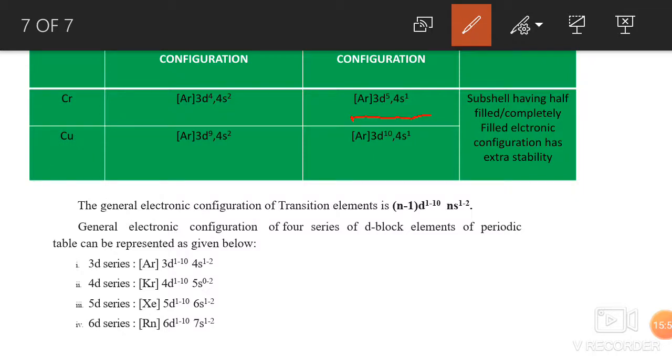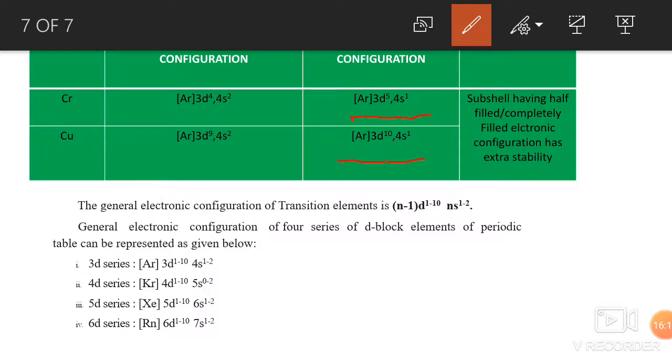Similar to that, in copper, its expected electronic configuration is argon 3d9 4s2. But the observed electronic configuration is argon 3d10 4s1.